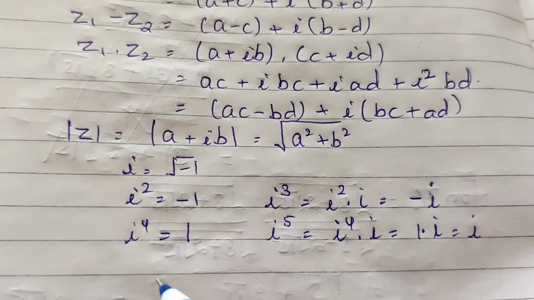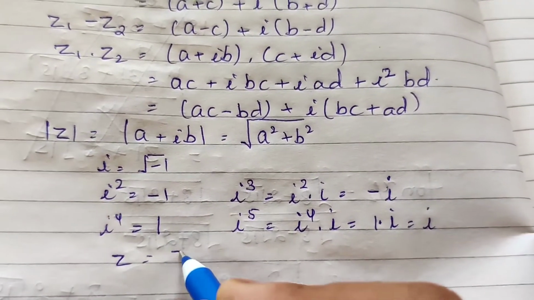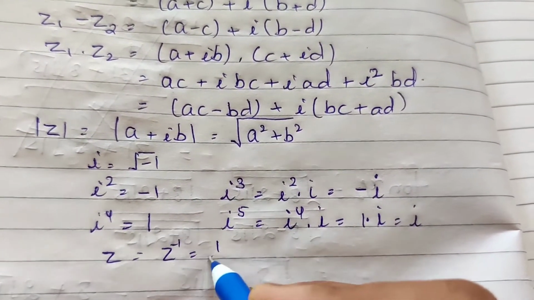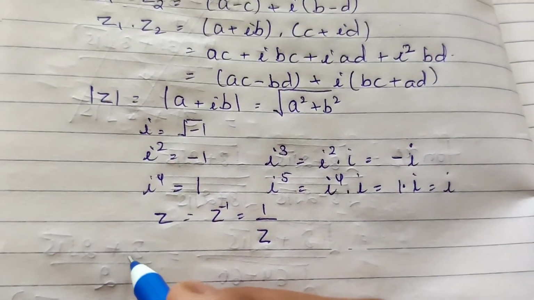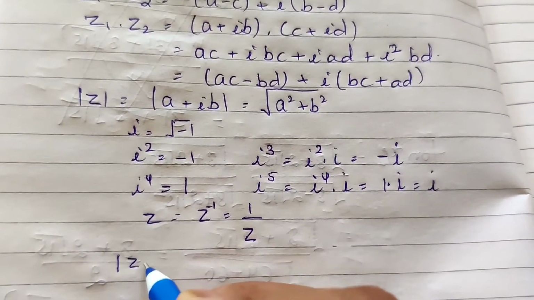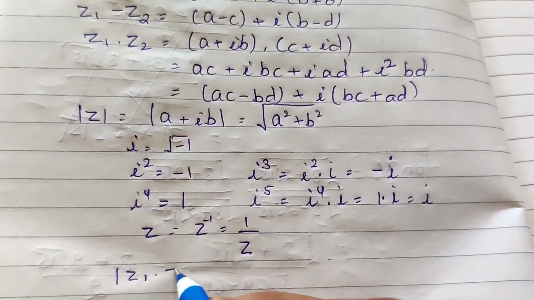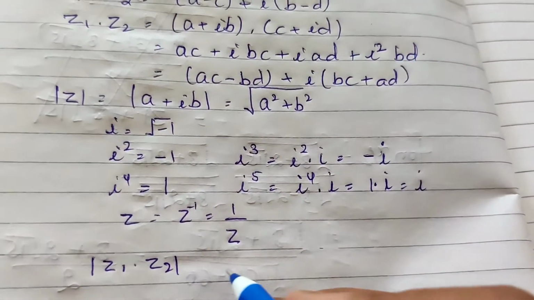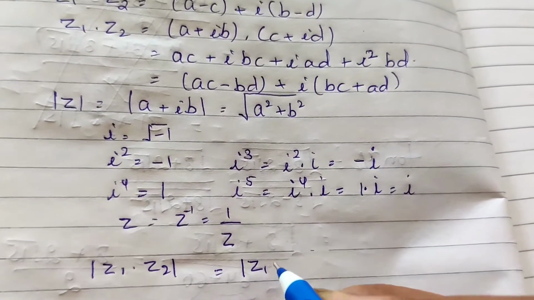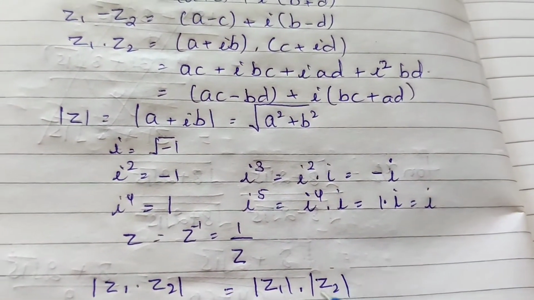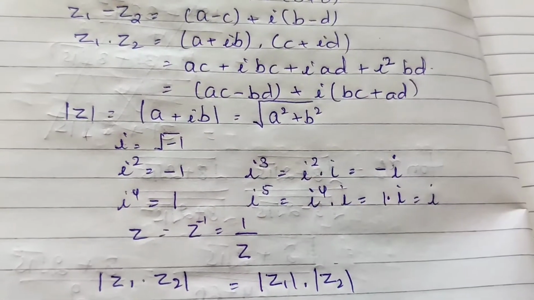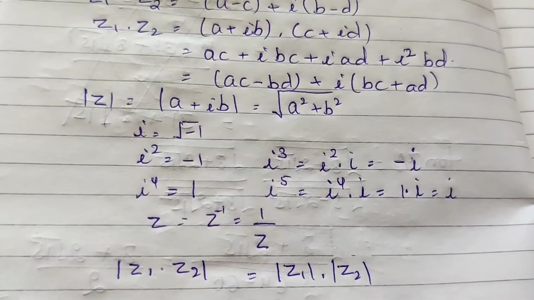Inverse of this complex number z, z inverse, we can write 1 upon z. Okay, and next, the mod value of z1 into z2 is equal to the mod value of z1 into mod value of z2. This is the modulus value.